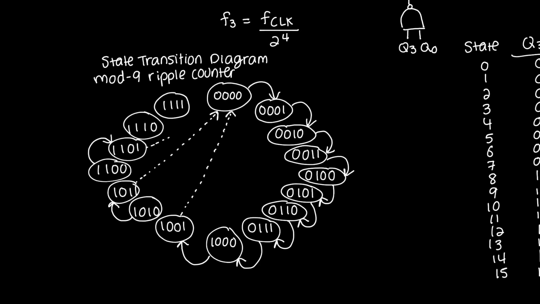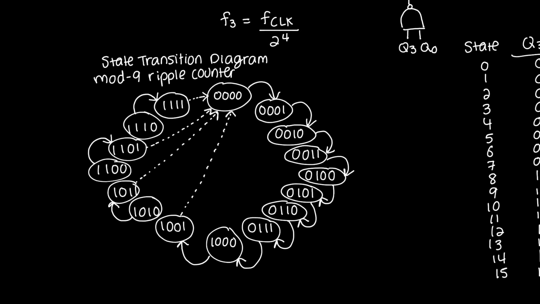And I'm going to asynchronously reset my counter. And same thing over here. If I boot up in state 14, then at the next clock edge, I will progress. I will increment to state 15 and then asynchronously reset back to 0. That's just the operation of the NAND gate.